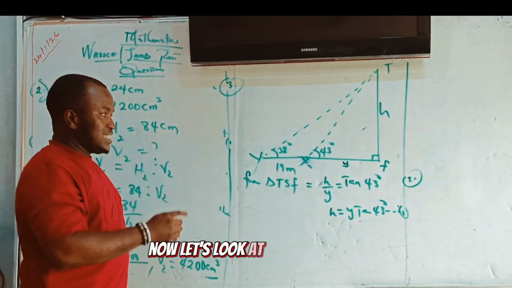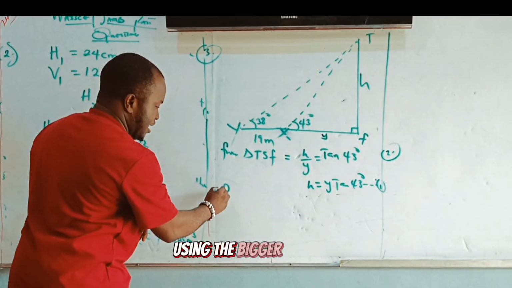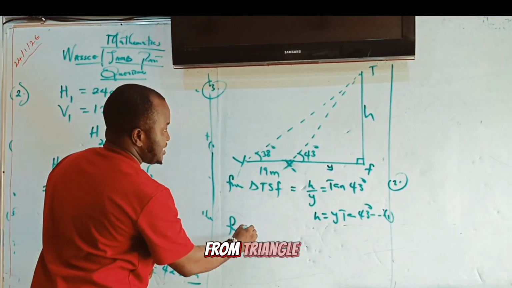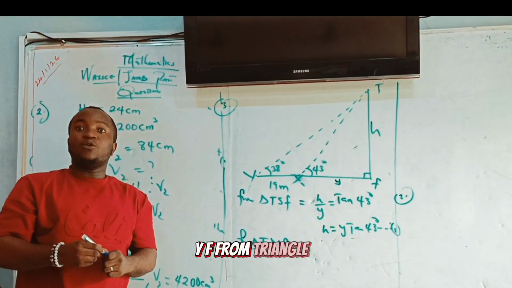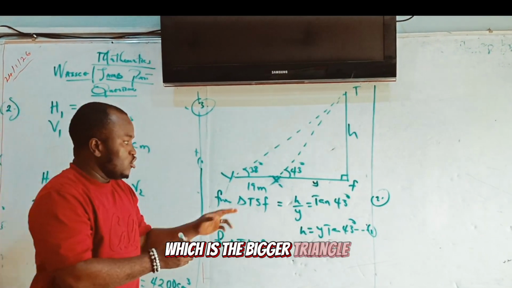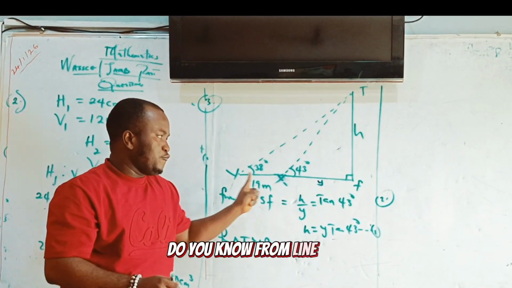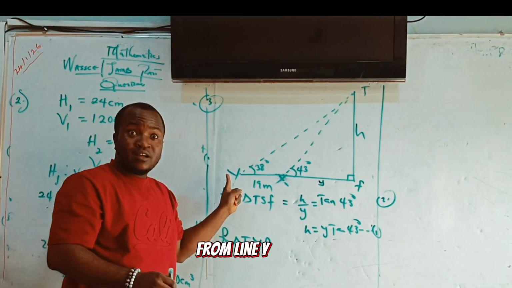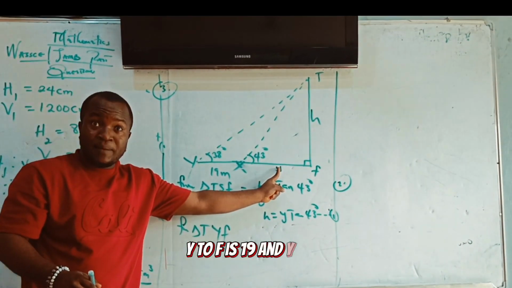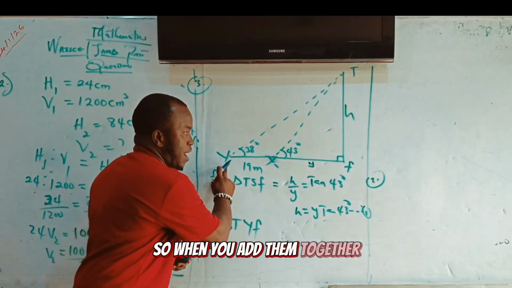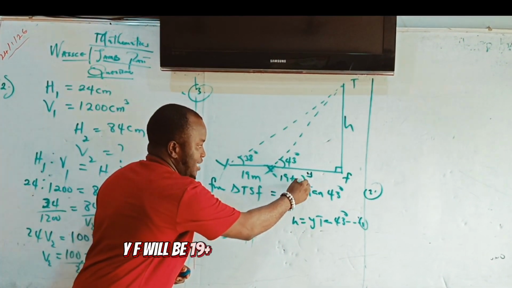Now let's look at the second one, using the bigger triangle TYF. The line Y to F is 19 and y, so when you add them together, YF will be 19 plus y.